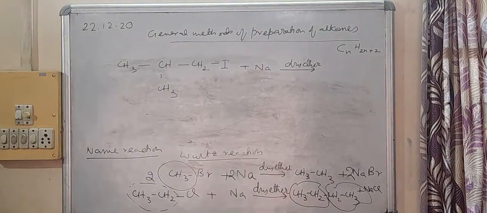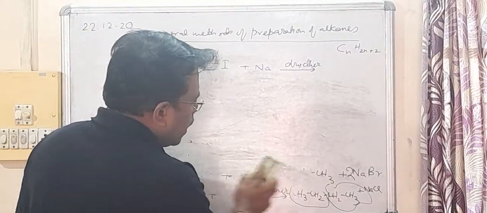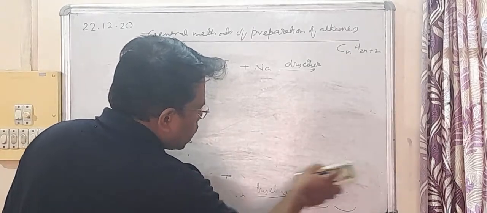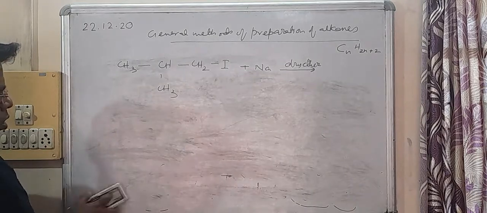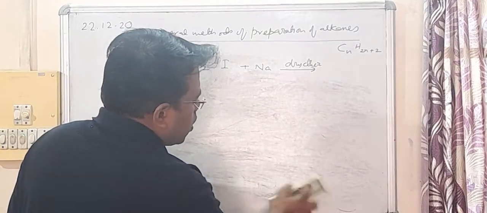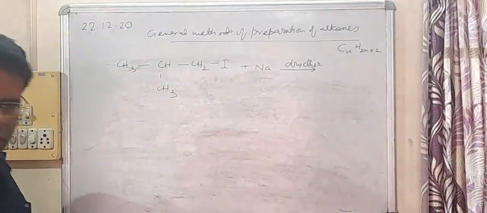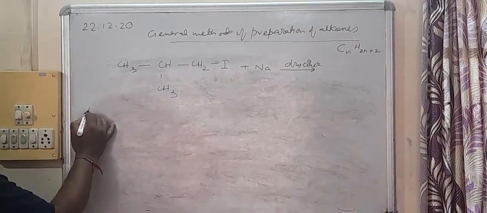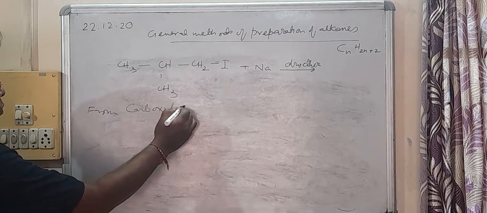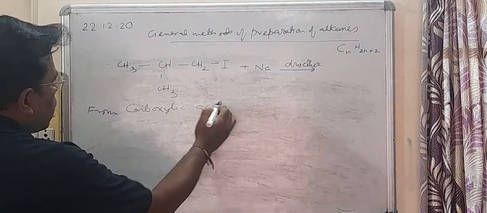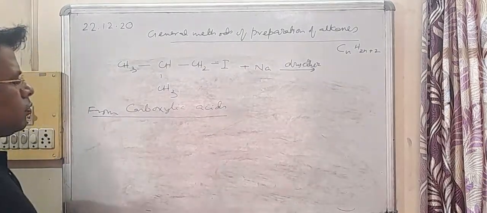Okay. Now next reaction, next method by which we can prepare alkane. We can do so from carboxylic acid. From carboxylic acid, we can prepare alkane.